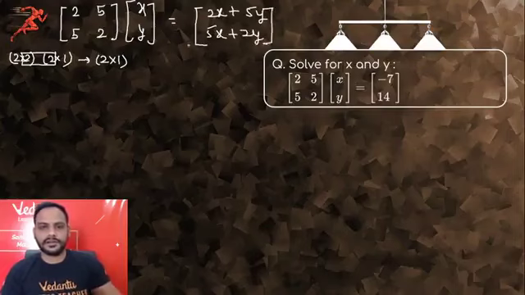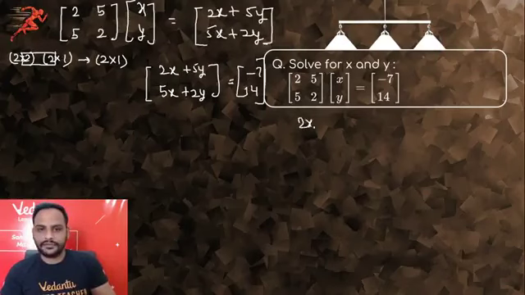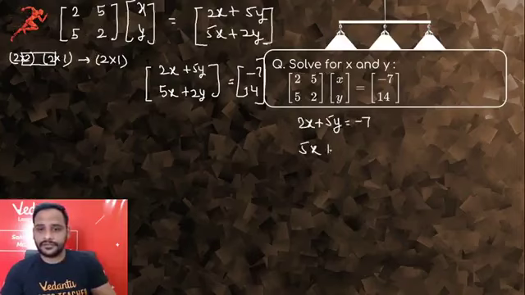Now this resultant matrix is equal to minus 7, 14. So 2x plus 5y upon 5x plus 2y, which is the multiplication of these two, is equal to minus 7 and 14. From here I can clearly say we have 2x plus 5y is equal to minus 7 and 5x plus 2y is equal to 14.